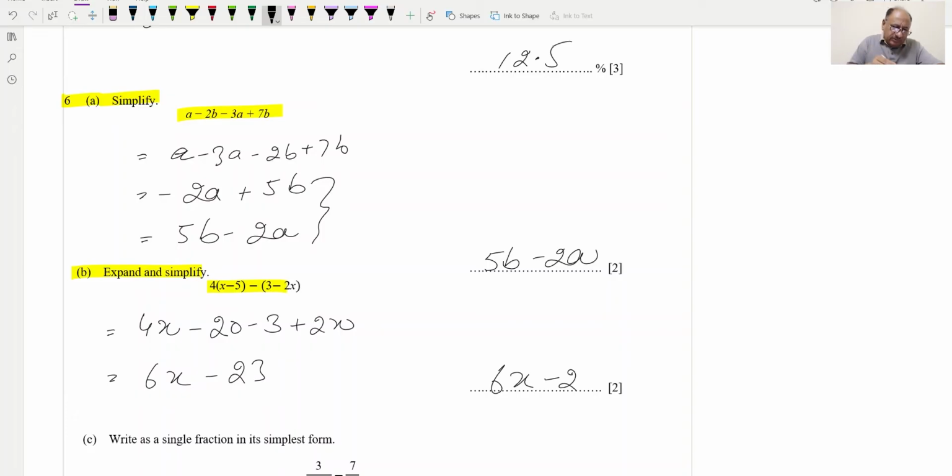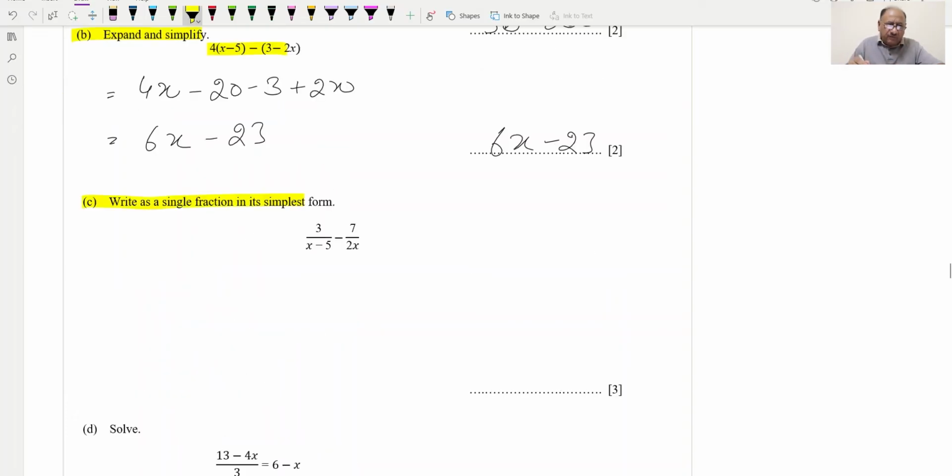Now the C part. They are saying write as a single fraction in its simplest form. For easily solving this question, you will make a line for the LCM, and write these two numbers as the LCM like this.